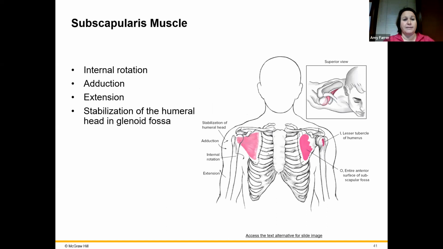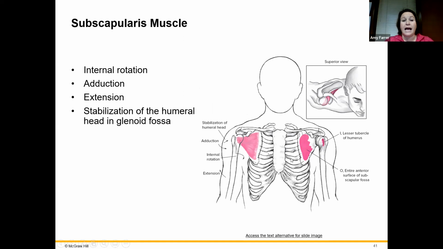Let's talk a little bit about our subscap. It is our internal rotator, okay? It originates on the entire anterior surface of the scapula in that subscapular fossa. It attaches at that lesser tubercle, okay? So because of that, it is an internal rotator, an adductor, an extensor.